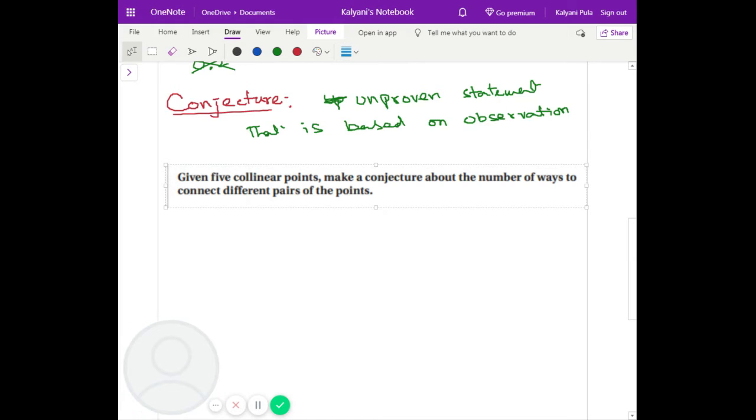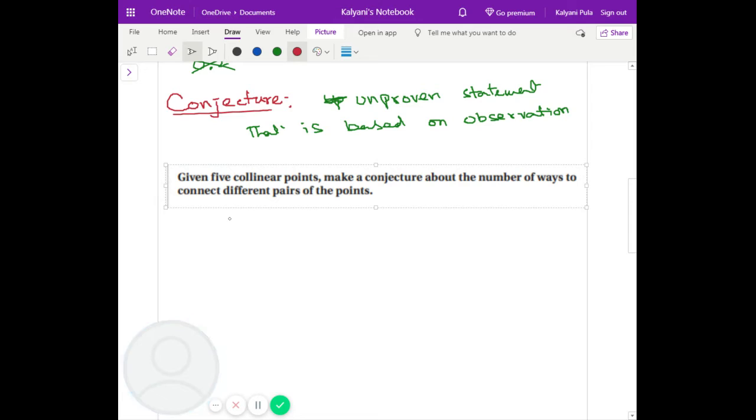Collinear points means all the points are on the same line. Right. And what's the other one? Coplanar: all the points on the same plane, yes.